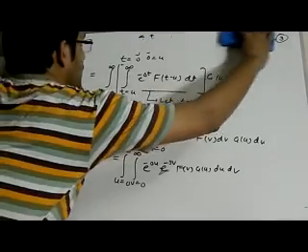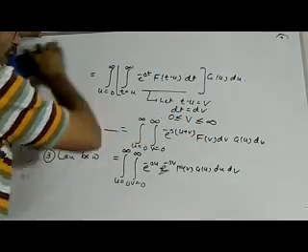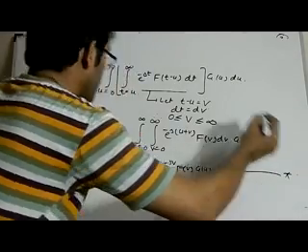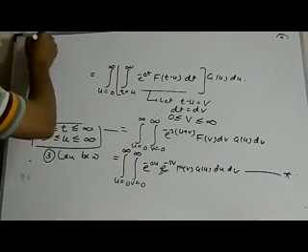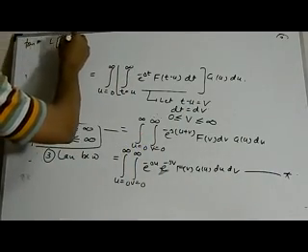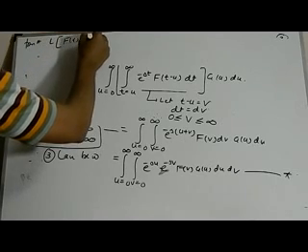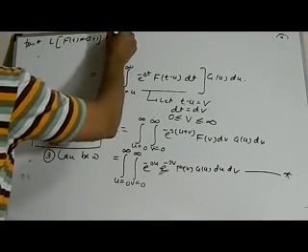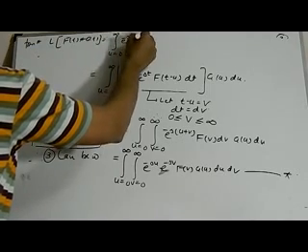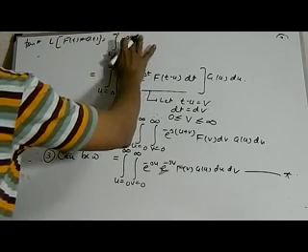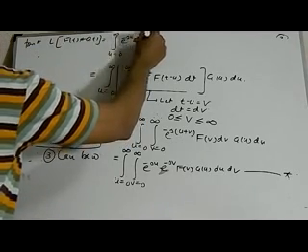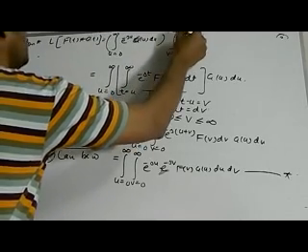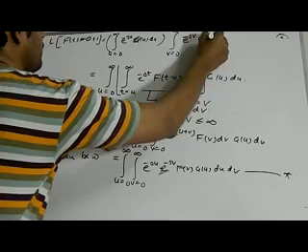So what we have achieved up to now, from the star onwards, is that Laplace of f(t) star g(t) is equal to the integral of u from 0 to infinity, e to the power minus su, g of u du, and then the integral of v from 0 to infinity, e to the power minus sv, f of v dv.